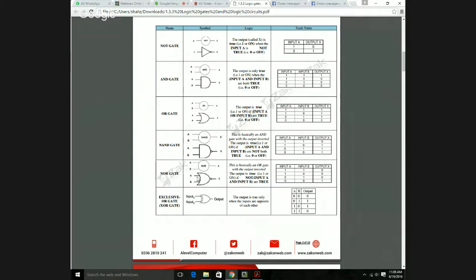Same thing goes with the NOR gate. It's simply the opposite of the OR gate. For example, if all the inputs are 0, then we have 1. All right. So what happens in the OR gate? If any of the inputs is 1, output is 1.